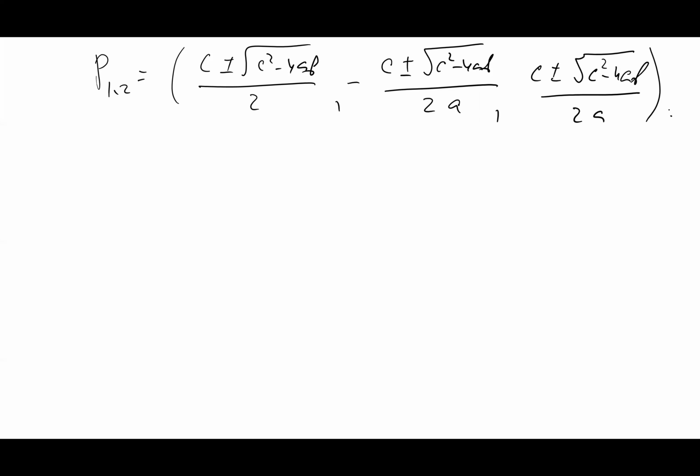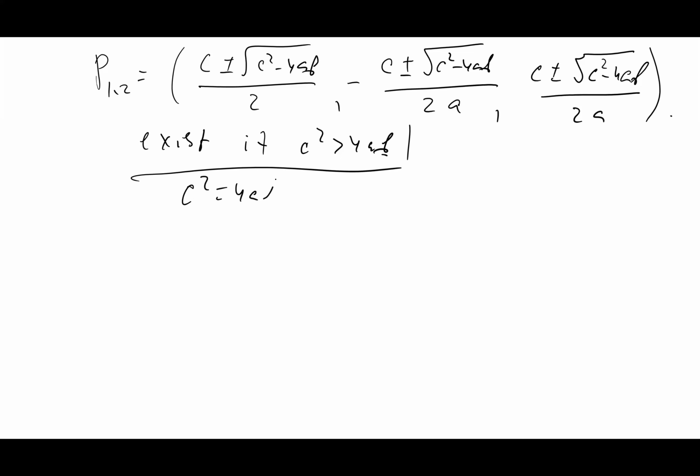So we have two equilibria which exist if c squared is more than 4ab. So when c squared equals 4ab, we have a saddle-node bifurcation.